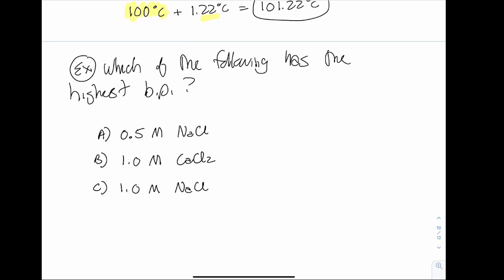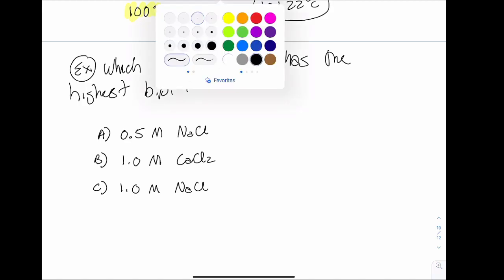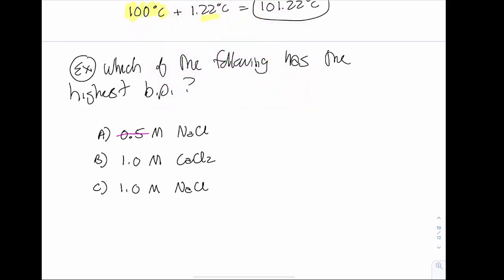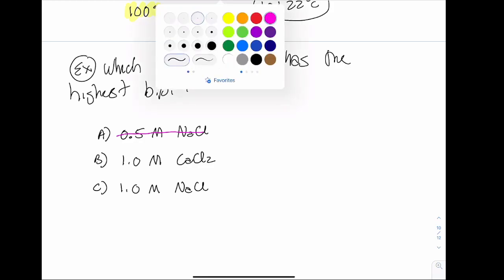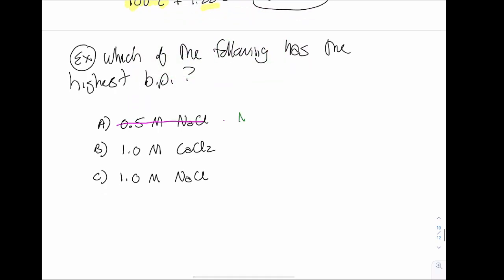So we know that the more concentrated the solution, the higher the boiling point is going to be. So right away, I'm just going to rule out this one. I know that sodium chloride is going to dissolve into 2 ions, right? NaCl is going to be sodium plus chloride, so 2 ions.